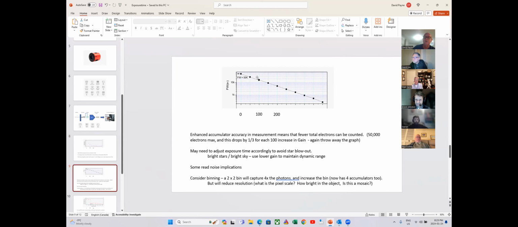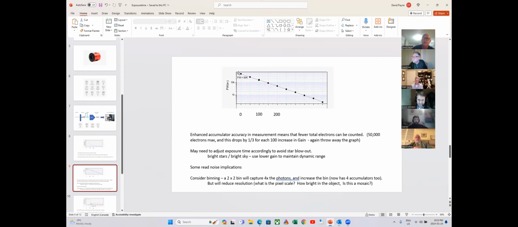You see how that works? Then at 200, it drops by a third again. So what that's affecting, this is as bright as you can make an object, which is fine. You're losing some brightness resolution by using a higher gain.